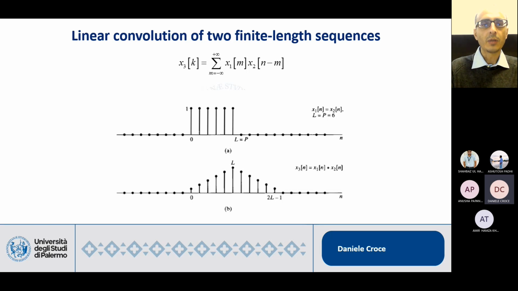It's interesting to note that the length of the convolution is 2 times L minus 1. In general, the length of the convolution is the sum of the lengths of the two sequences minus 1. In this case, they have the same length, so it's 2L minus 1. Okay?